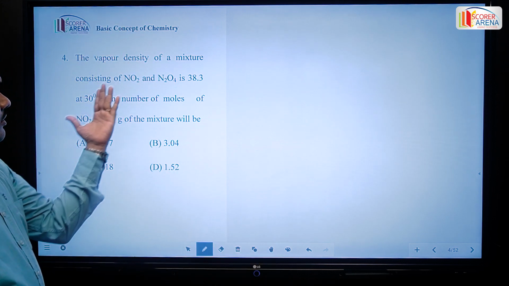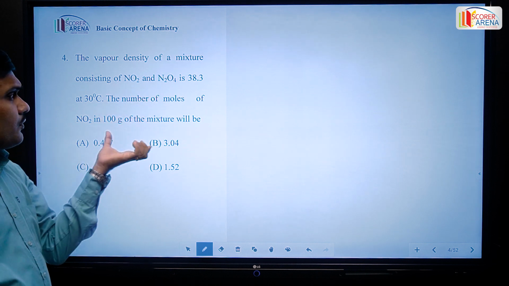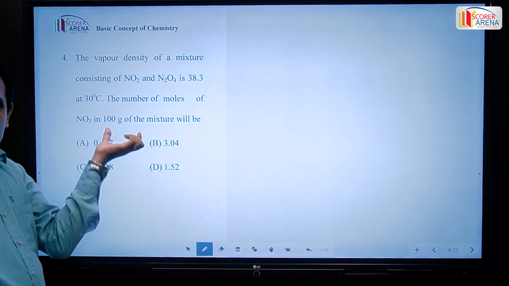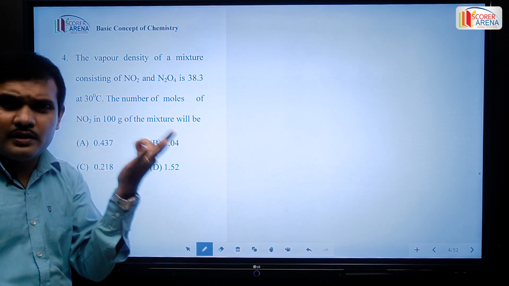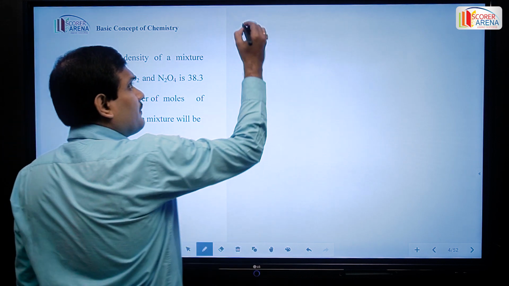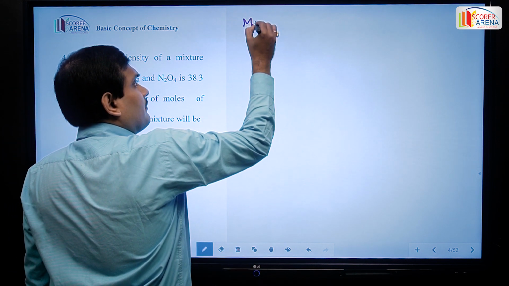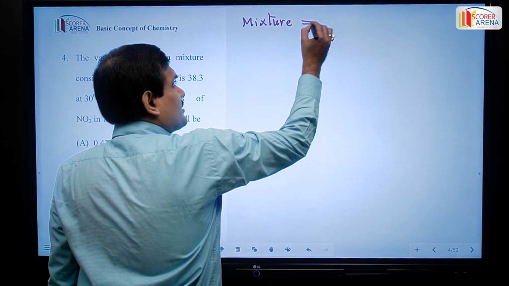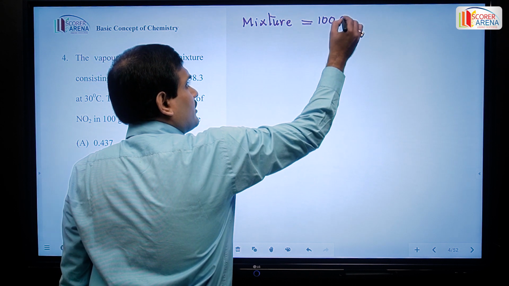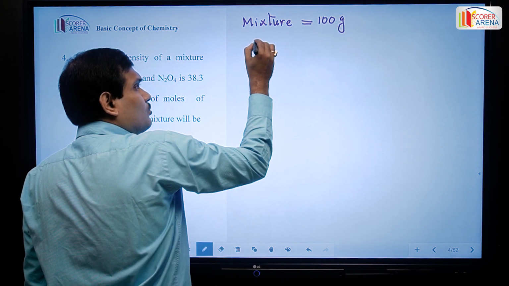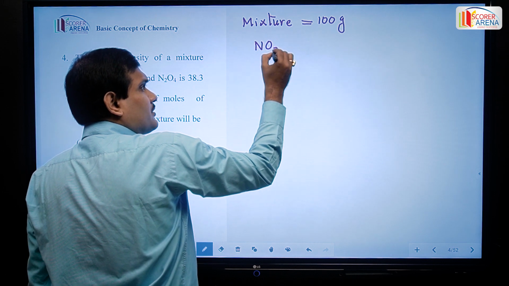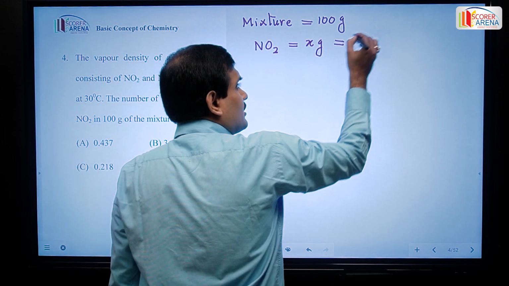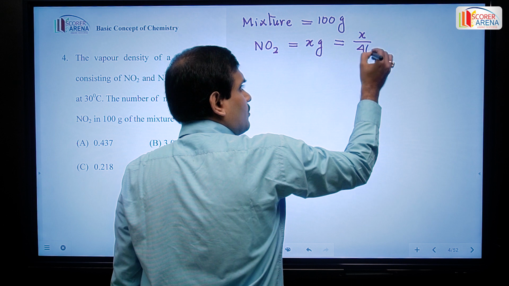The vapor density of a mixture of NO2 and N2O4 is given as 38.3, and I have to find out in a 100 gram mixture how much moles of NO2 is present. So the mixture given is equal to 100 gram. Let us take the NO2 present as x gram, and x gram NO2 means x by 46 moles.